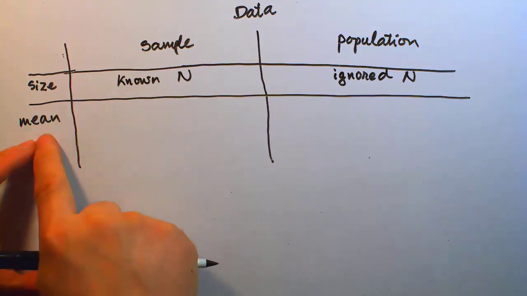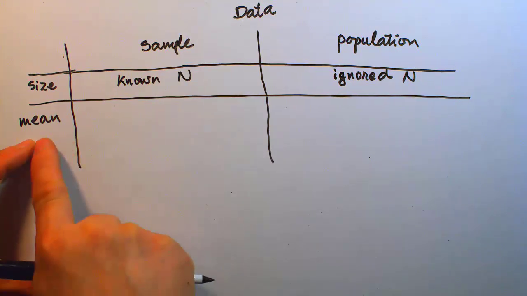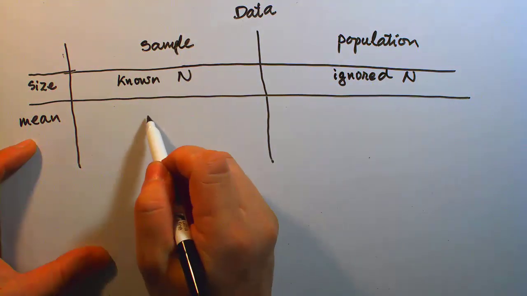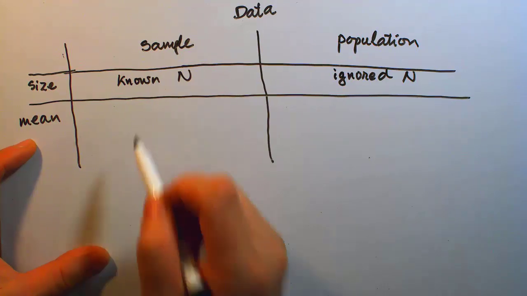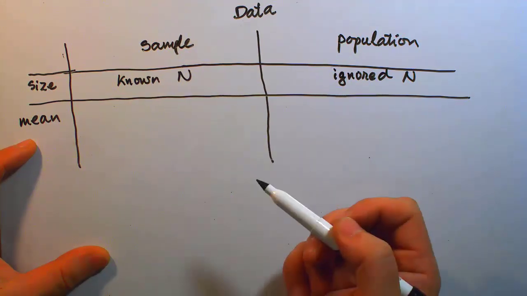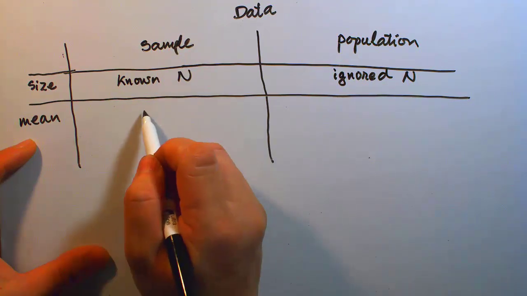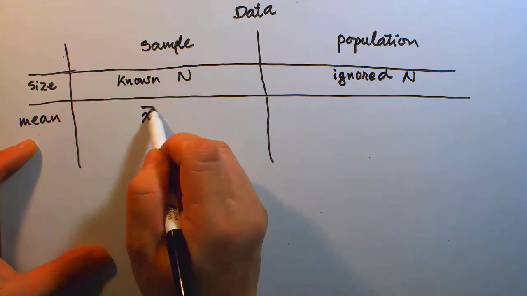The mean value in sample data is regarded as a sample mean. Throughout the quarter, from the beginning until now, we have been using the symbol X bar.